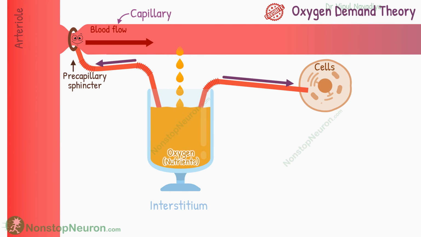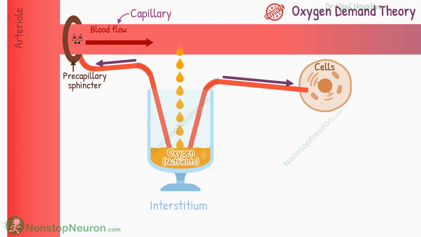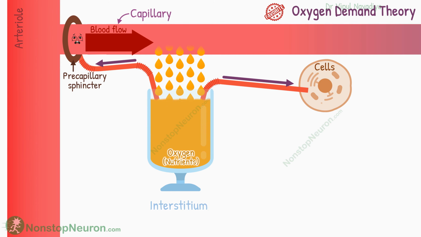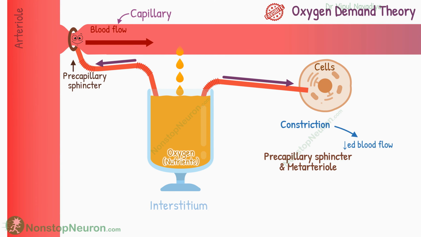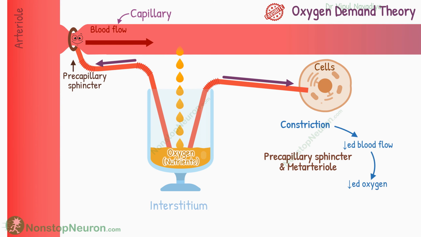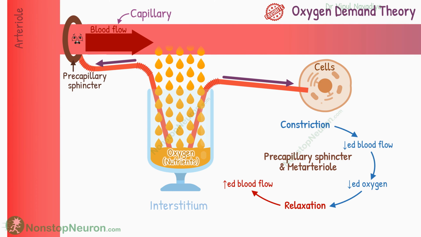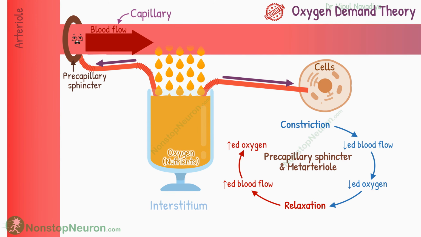This constricted state lasts till the excess oxygen is consumed by nearby cells. As the oxygen level falls, the sphincter can no longer contract, so it relaxes again, which again brings oxygen. This way, the precapillary sphincter and metarterioles undergo cycles of constriction, decreased blood flow, decreased oxygen, relaxation, increased blood flow, and increased oxygen, causing constriction again.